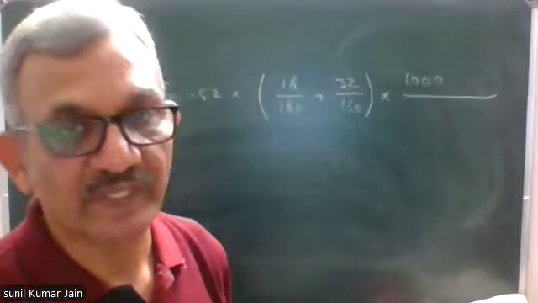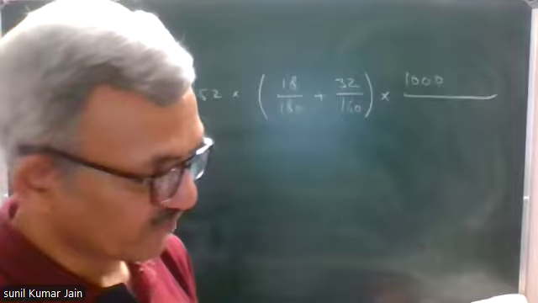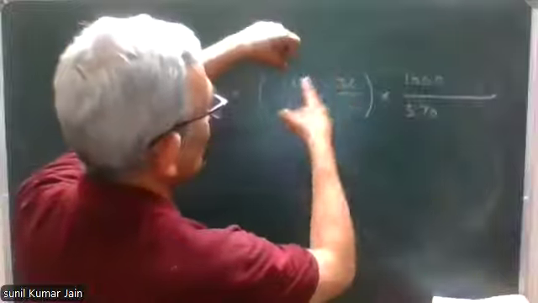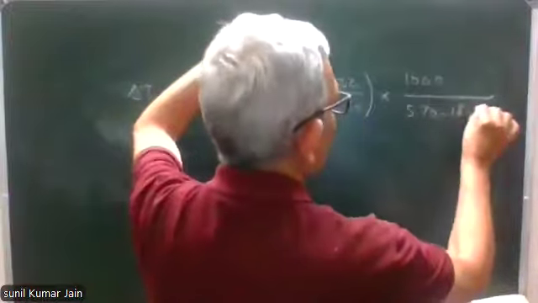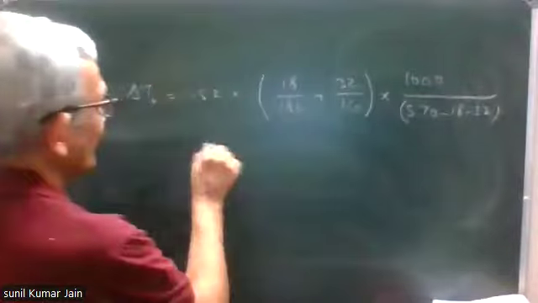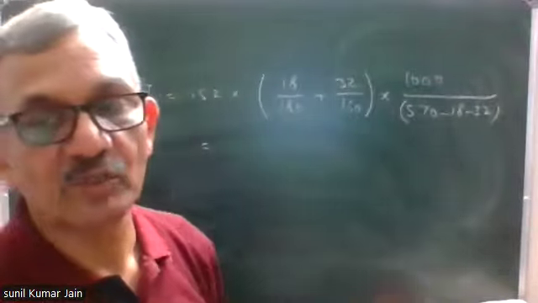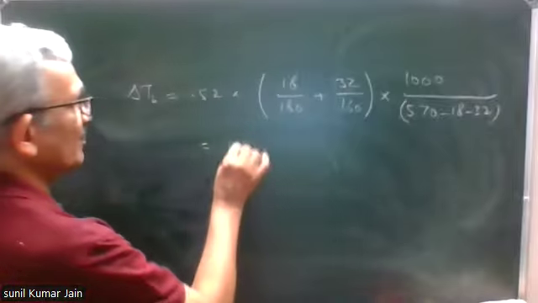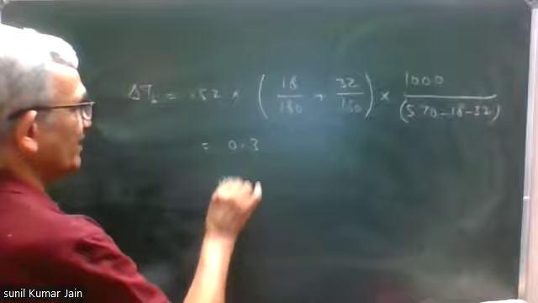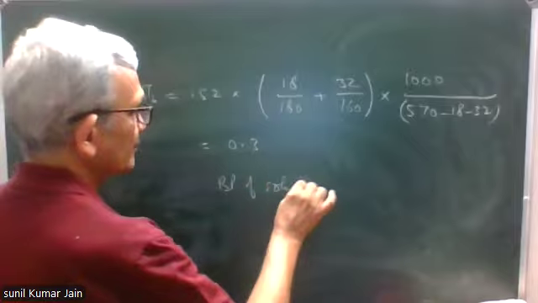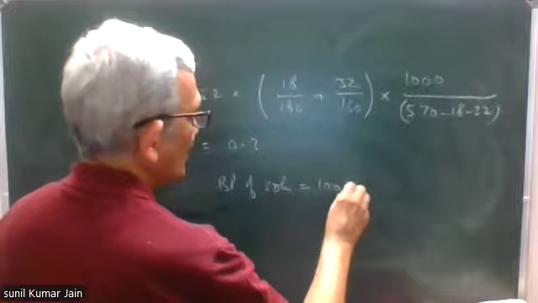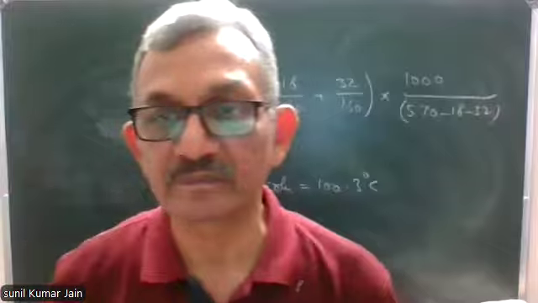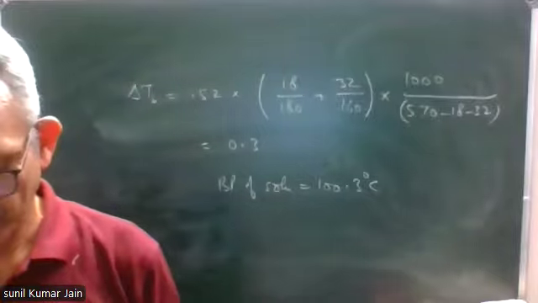Denominator is weight of solvent, and remember, weight of solvent will be weight of solution minus weight of both the solutes, minus 18 minus 32. Clear? Both the solutes' masses have to be subtracted. So this elevation will come out to 0.3, so boiling point of solution will be 100.3 degrees centigrade.